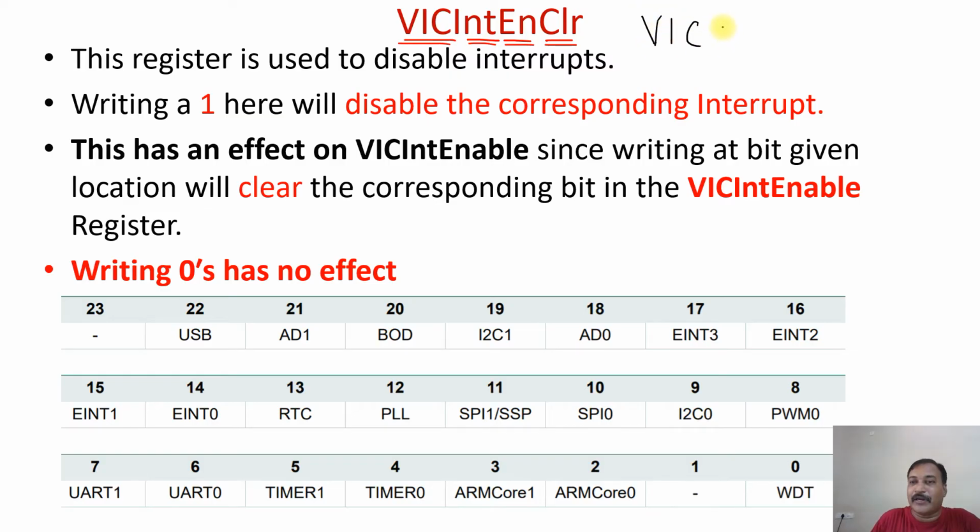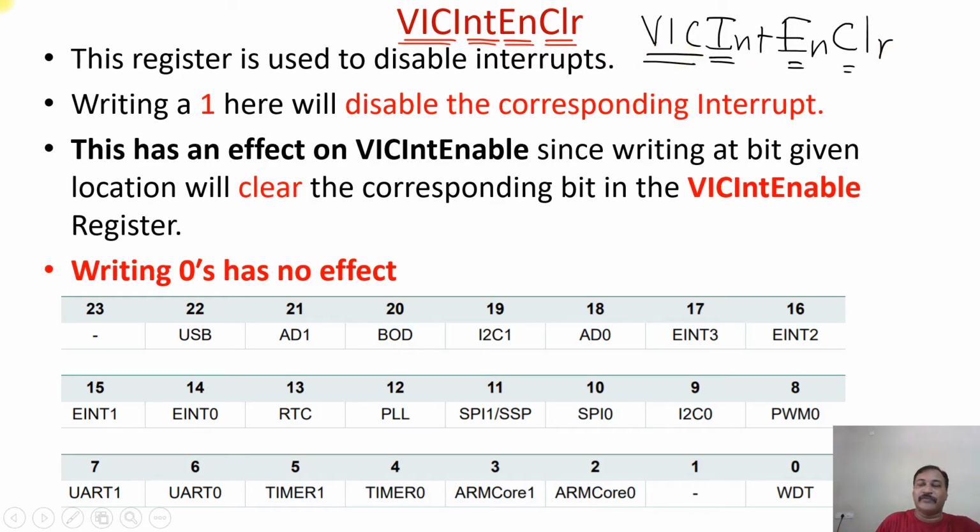VICIntEnClr: I caps, E caps, C caps, VIC in caps, the rest in smaller case. You have to use the same notation. Don't confuse. So VICIntEnClr is an SFR that is used for disabling an interrupt.